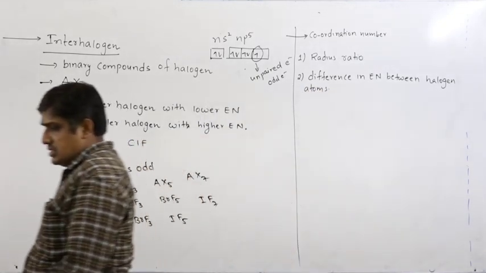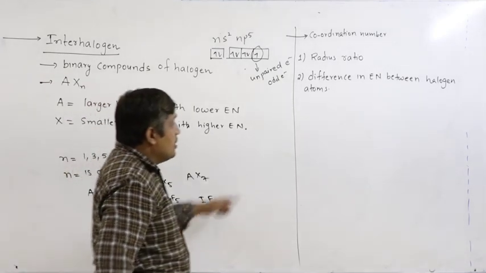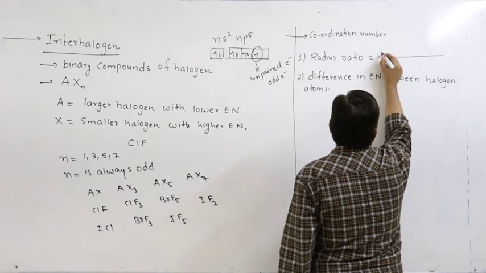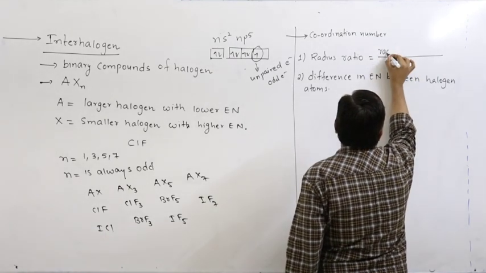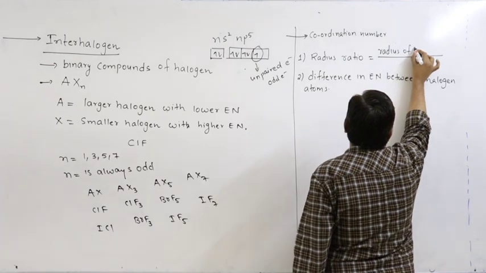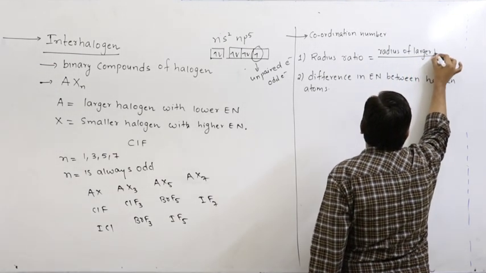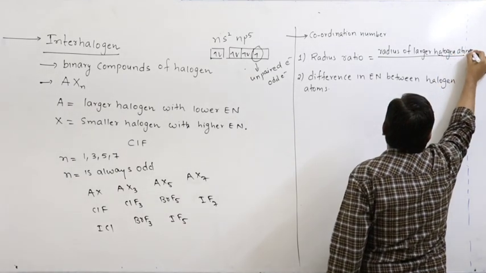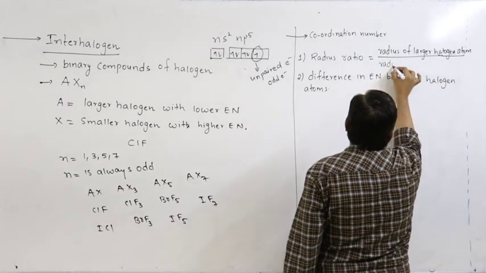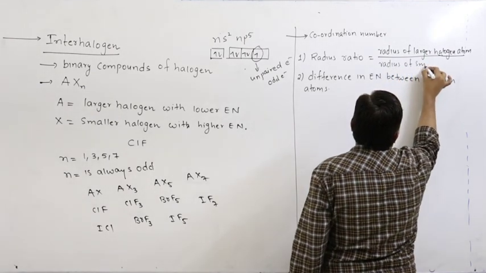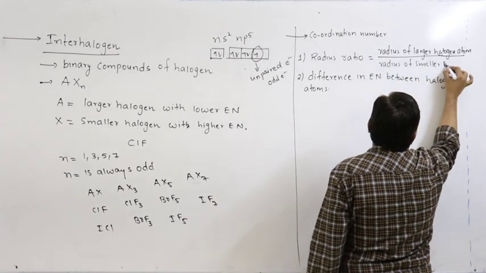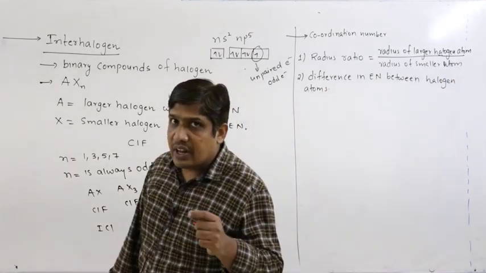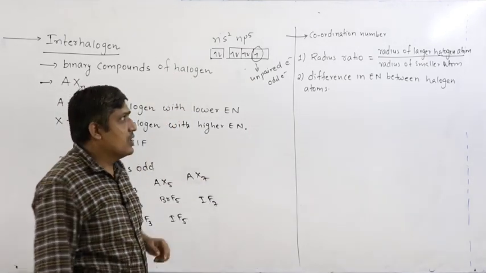So these 2 factors decide. What is radius ratio? Radius ratio is nothing but the ratio of the radius of the larger halogen atom to the radius of the smaller halogen atom.